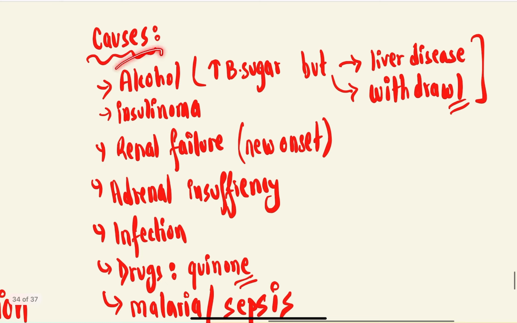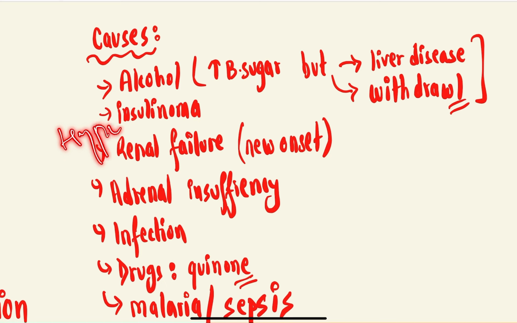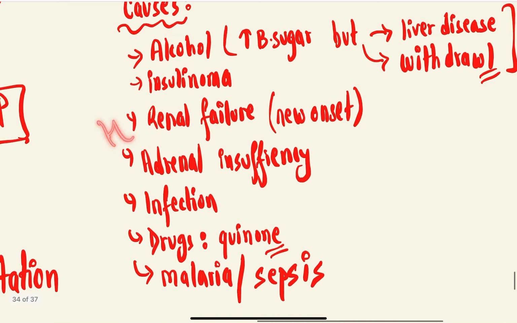In alcohol use, generally there is an increase in blood sugar level, but if a patient taking alcohol has liver disease, then hypoglycemia might develop. And in withdrawal, if a person taking alcohol has stopped suddenly, then hypoglycemia might develop.